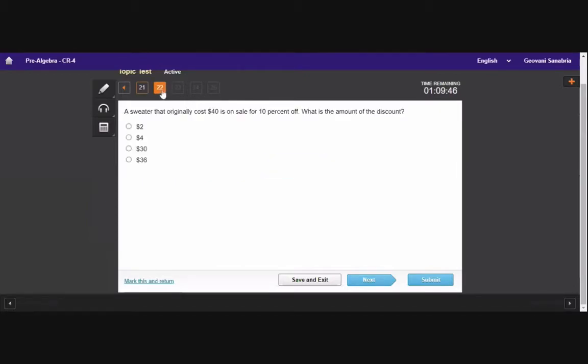Yep. $36. Yep. What is the amount of the discount? It'd be $4 then, right? Oh, yeah, good catch. I didn't catch that. Yeah, because I started rereading them just to make sure. Good idea.